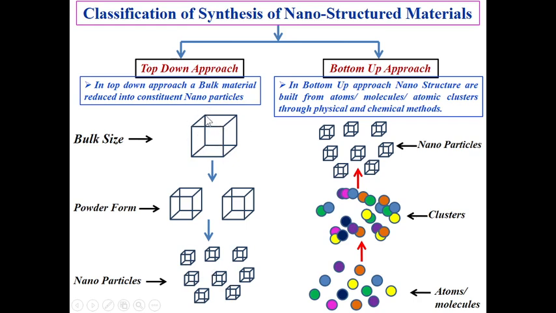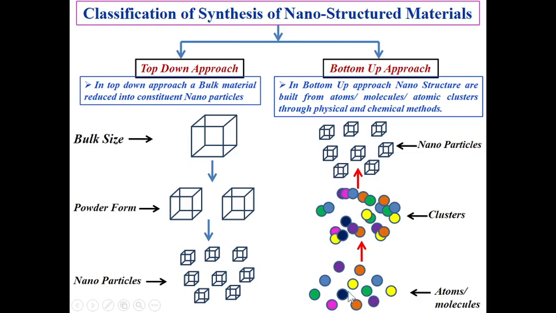So in top down, a bigger size is already there, and we break and break and break, and we obtain the nanoparticles. But bottom up means we have to use very low dimension particles, atoms or molecules, and then they form clusters, and then they form the nanoparticles.